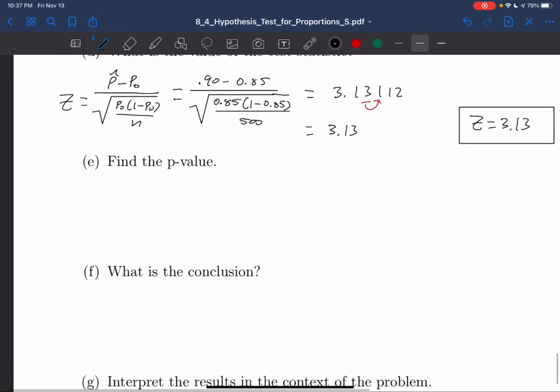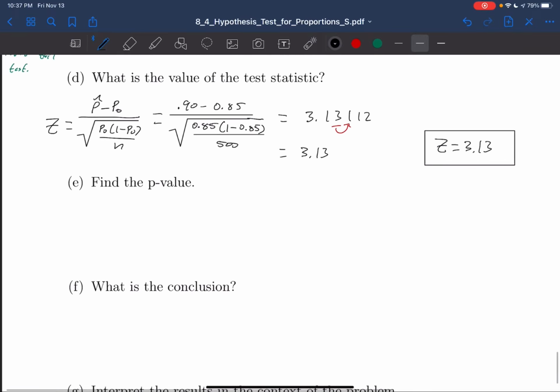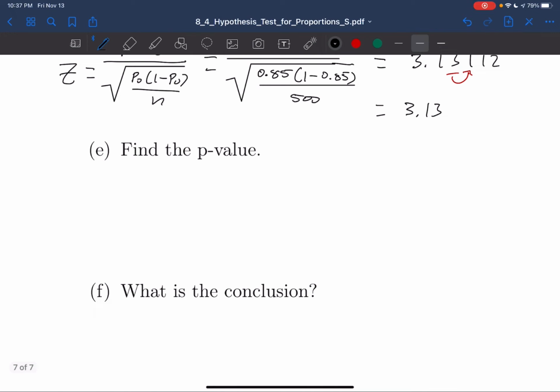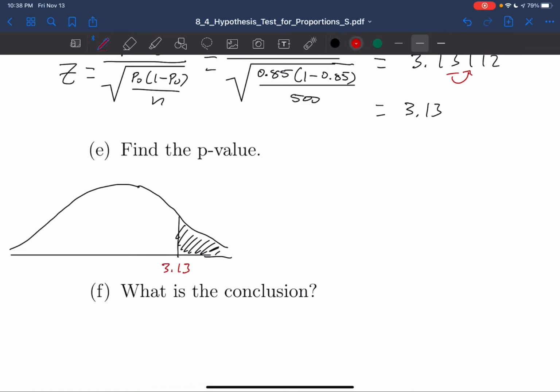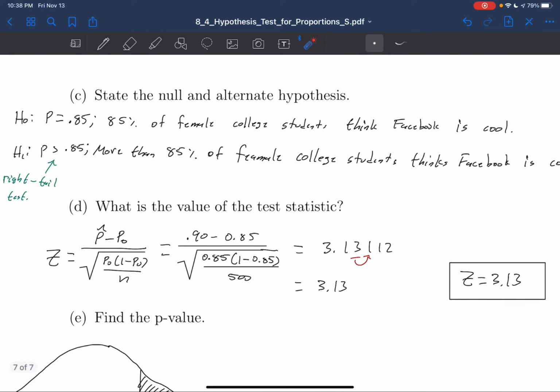Great. Now we actually want to find our p-value. Since we're dealing with a right tail test, our p-value is the area to the right of our test statistic, 3.13.